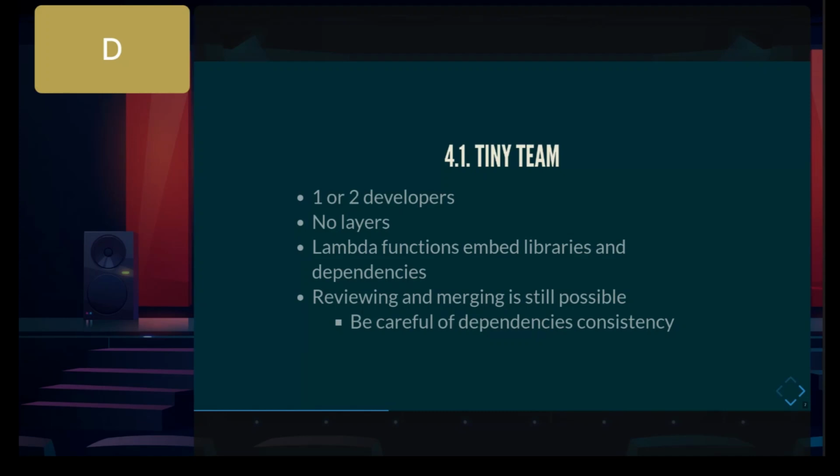But problems arise if dependencies, that is libraries, configuration or data, are duplicated among Lambda functions. Such duplication is a kind of software anti-pattern. Yes, this is an anti-pattern in software engineering. And tricky problems may arise when duplicated stuff is not consistent.